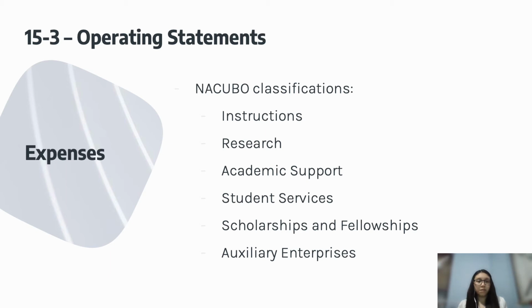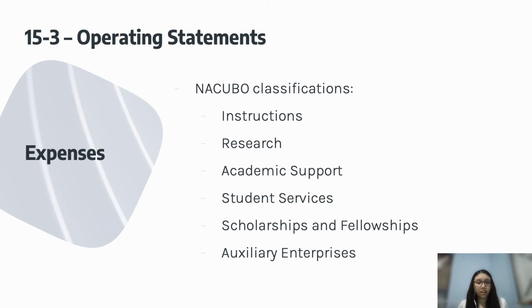And aside from those listed here, some accounts under expenses are public service, institutional support, operations and maintenance of plant, which is only for public institutions, as well as hospitals and independent operations.